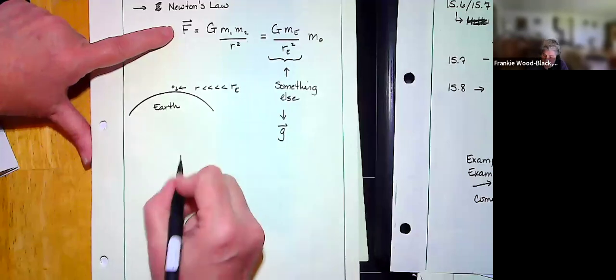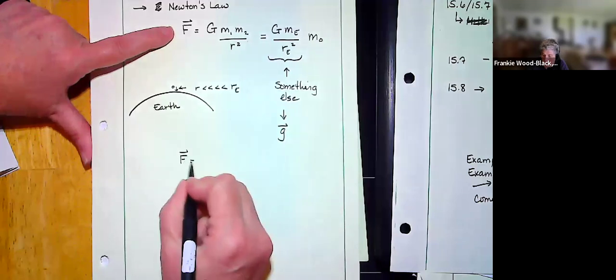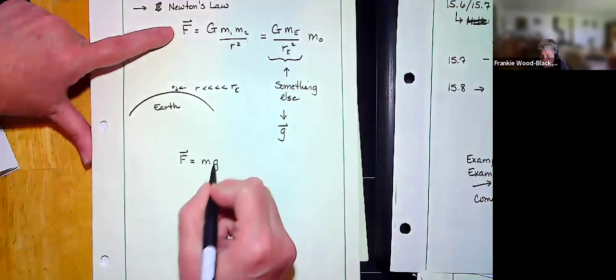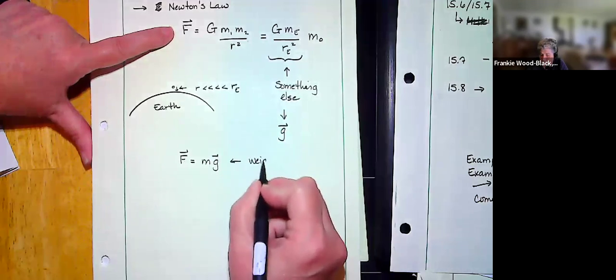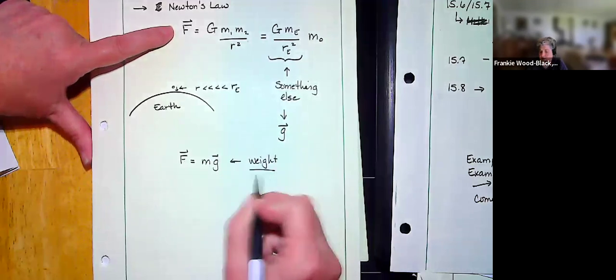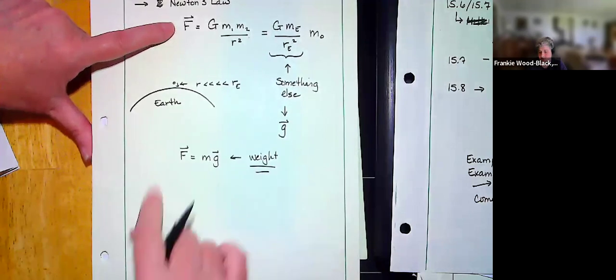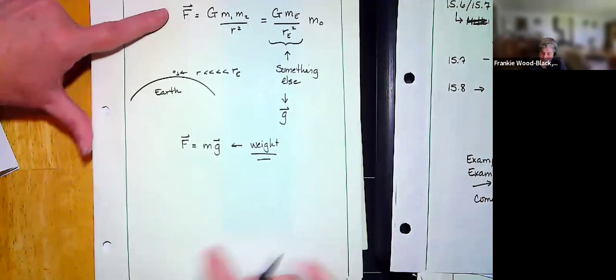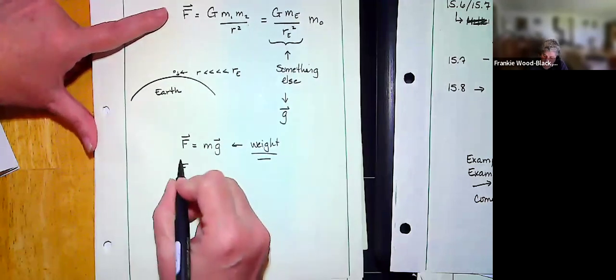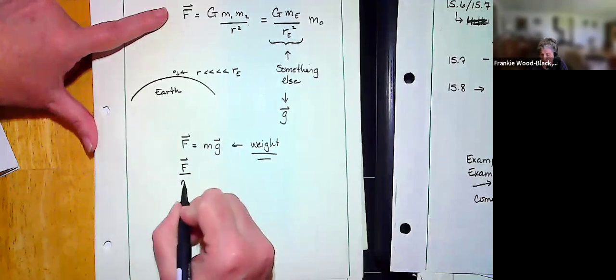So we could actually write our Newton's second law like this, and we used this as weight and talked about how that weight was a factor that we saw around the planet.